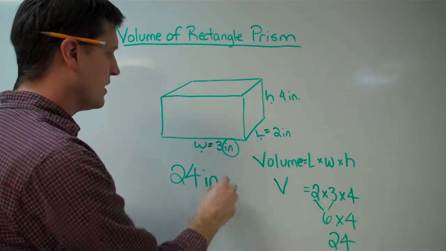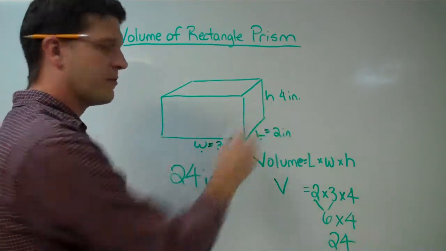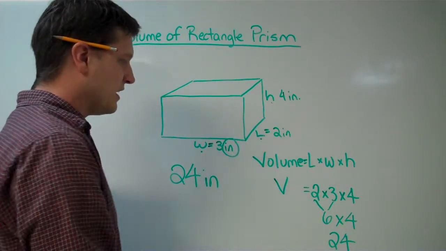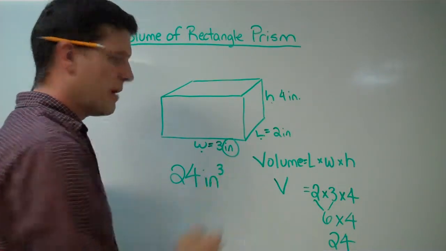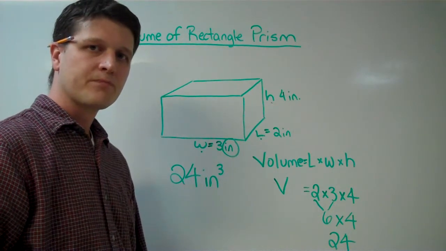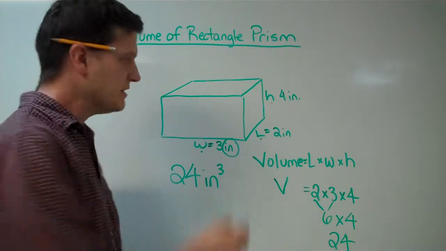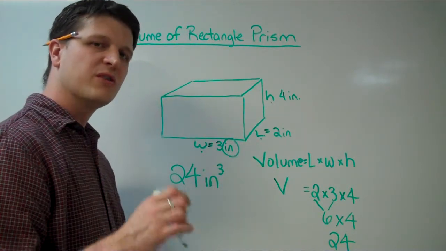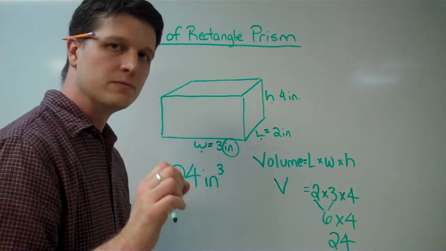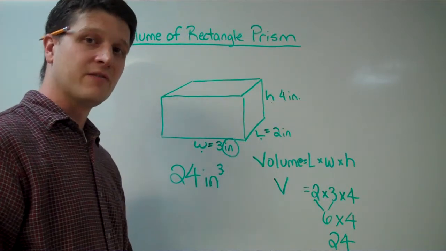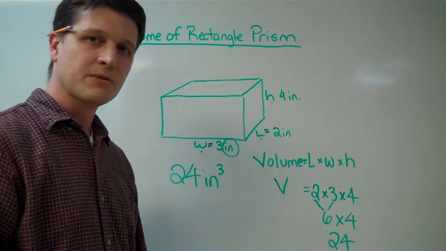And since it's a three-dimensional figure, there are three numbers in there, so for our exponent, it's going to be to the third power. So it's 24 inches cubed, or inside that rectangular prism you could put 24 cubes. This is how you find the volume of a rectangular prism.